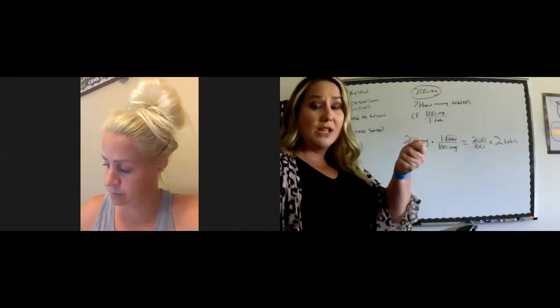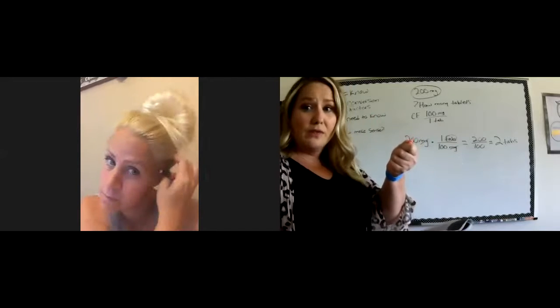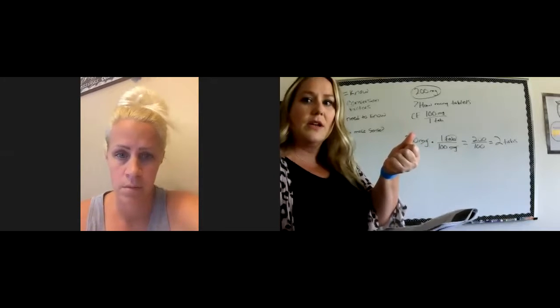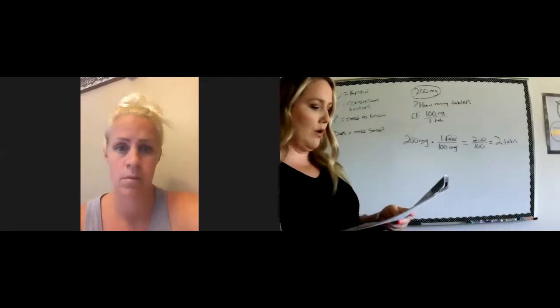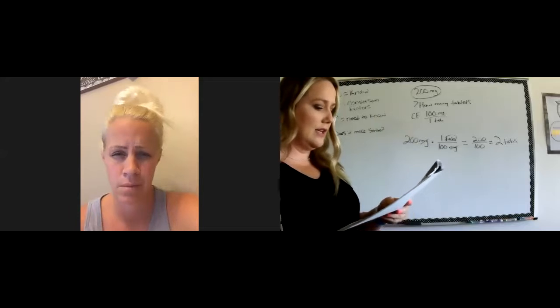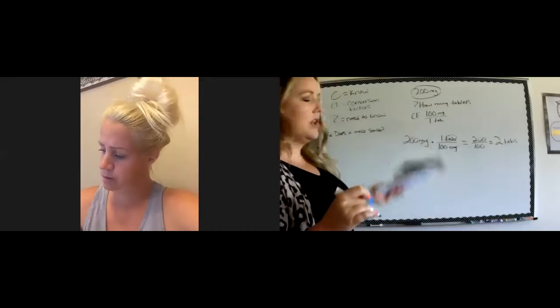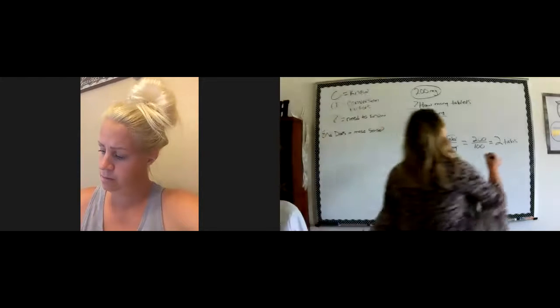Are they going to get more than 100 if they have 200? Yeah, so they're going to have more than one tablet because they need 200 milligrams. Each tablet's 100 milligrams. At the end of the day, they're going to need 2 tablets. So that's your answer for number 4 on the application exercises. It says round to the nearest whole number. We're already there, 2. So this answer is 2.